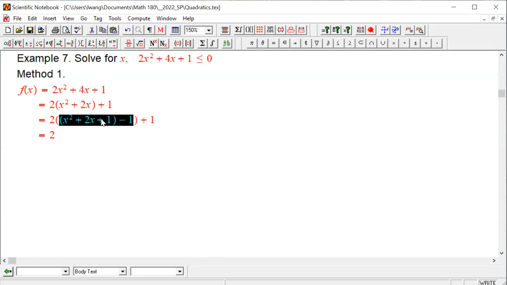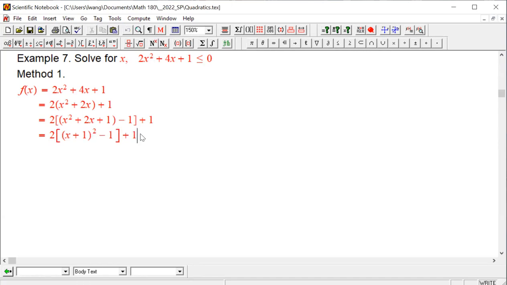Inside this bracket I have a perfect square, and of course the plus 1 is outside; we must have it tag along. So this piece is x plus 1 squared.